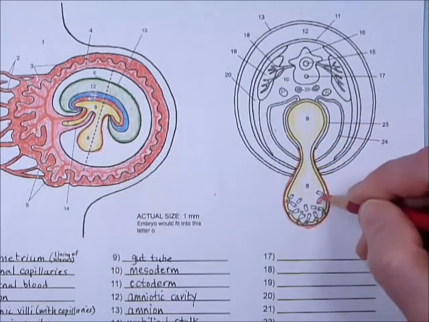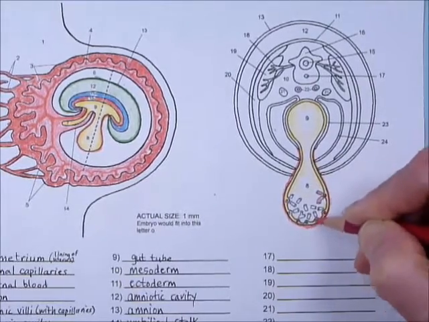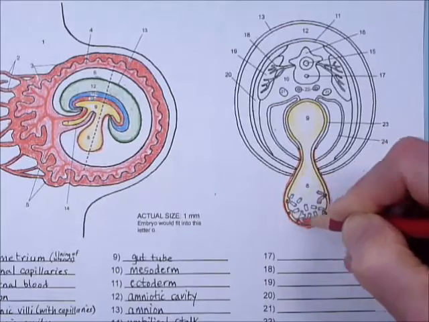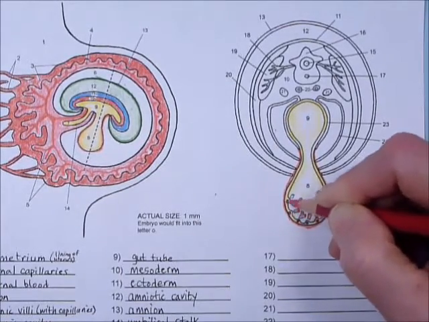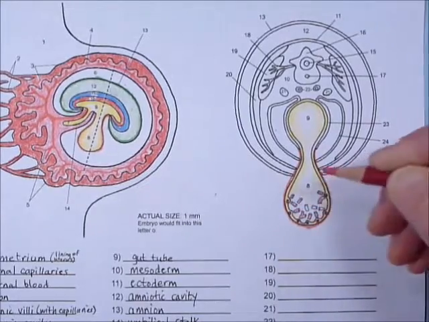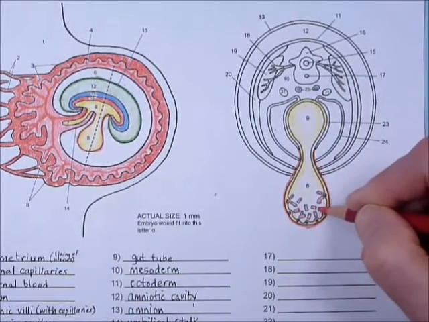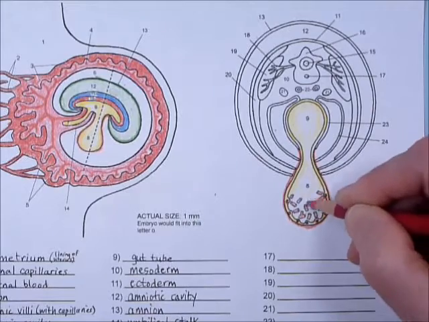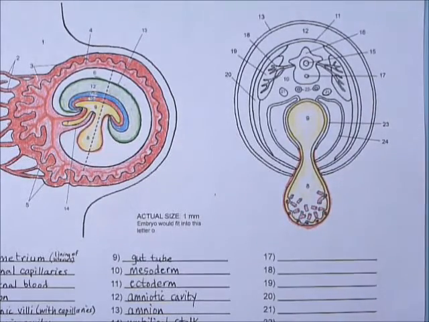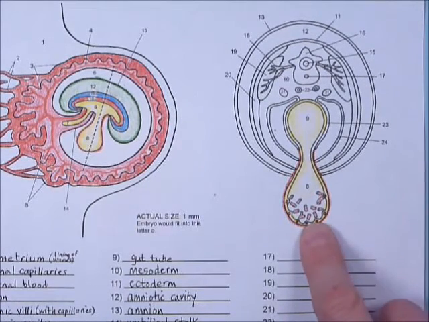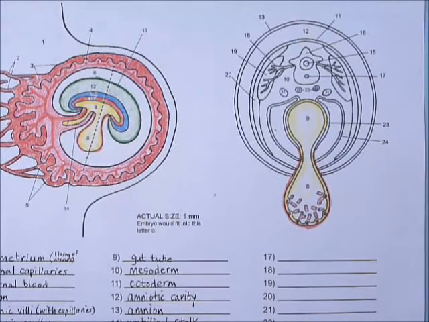And then these little things here, we talked about this. These little dots are called blood islands. And they are forming little pieces of vessel. So in the last drawing, the previous page, we just saw these little dots. Now we're going to show some of them as actual little pieces of blood vessel. And remember, they form with blood cells already inside of them.